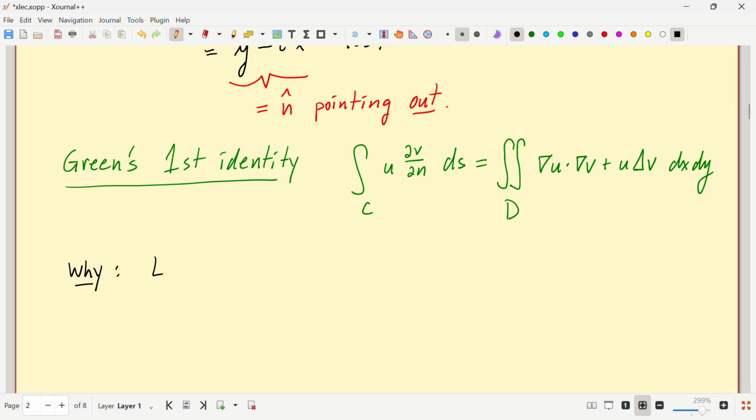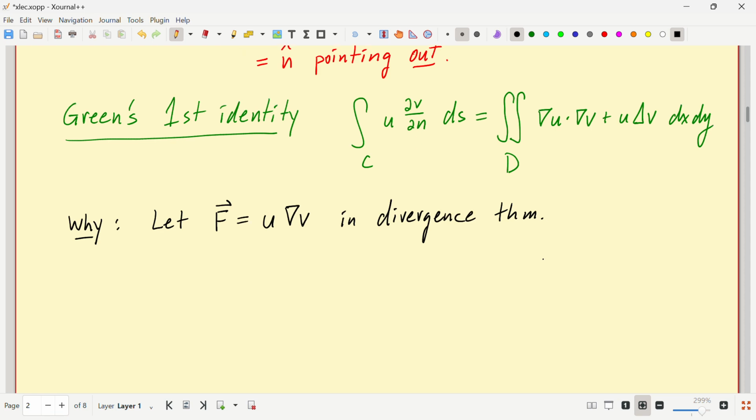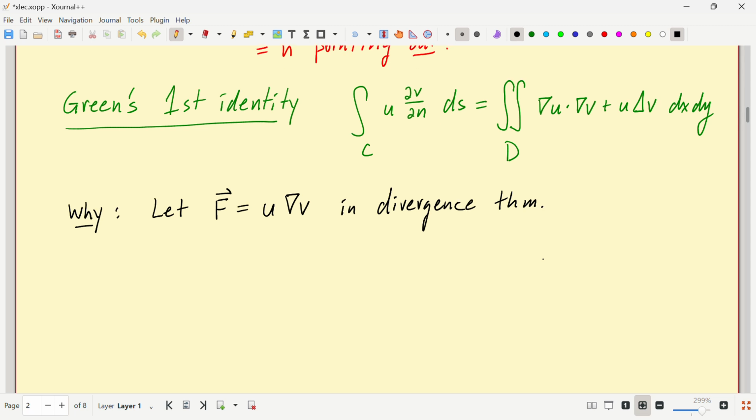Let F, the vector field, be equal to u times the gradient of v. In the divergence theorem, we have the partial of v with respect to the normal direction, where n is the normal vector. That's going to be grad v dot n. So let's do it.